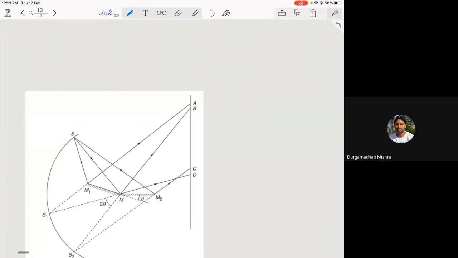This is known as Fresnel's two mirror arrangement, constructed by Fresnel. Young did it the other way. Fresnel said we can do it another way, and this is the source here.